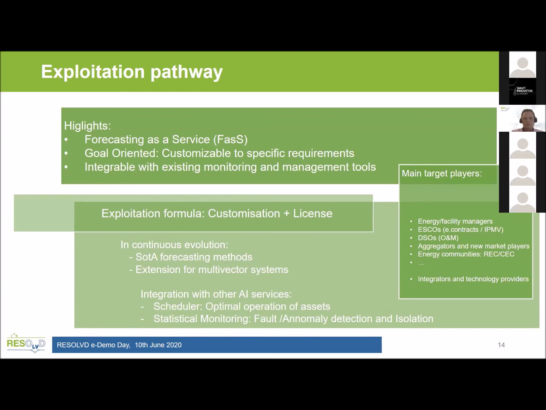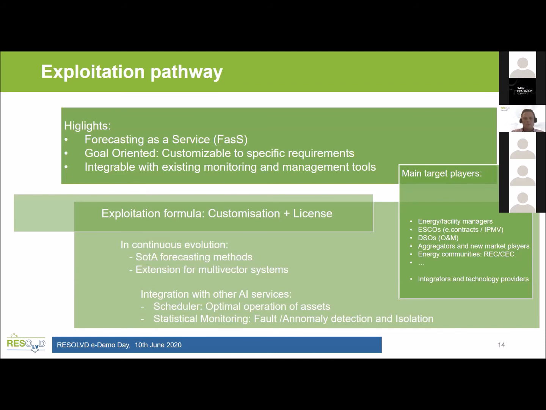Our suggestion as exploitation formula is this customization for a specific application, and then a license for the use of the services. So this is a software as a service approach. Okay, and we offer this continuous evolution on the state of the art of the methods.